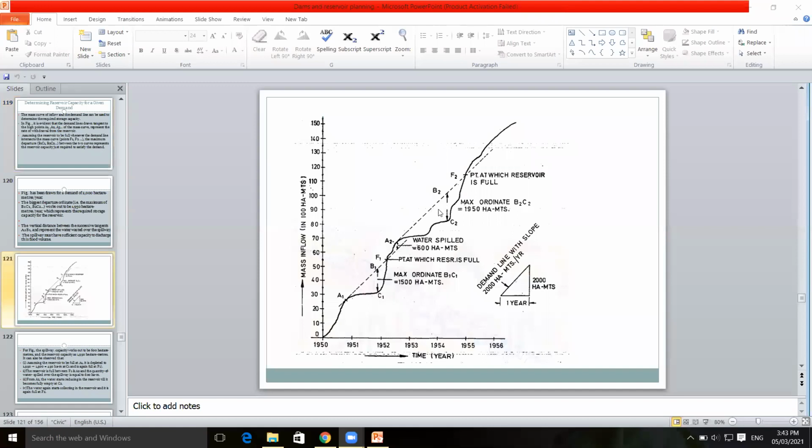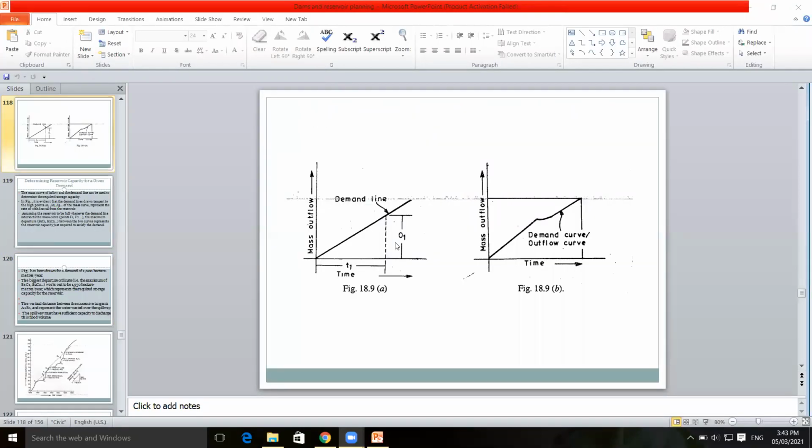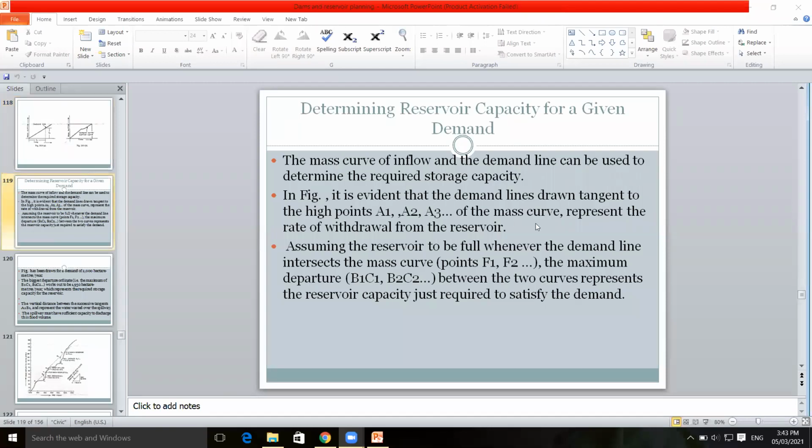The first tangent line is drawn after plotting the mass inflow curve. The tangent is drawn at A1, A2 and A3 of the mass curve, which represents the rate of withdrawal from a reservoir. The rate of withdrawal is how much is withdrawn from a reservoir. Assuming the reservoir to be full whenever the demand line intersects the mass curve at points F1 and F2.